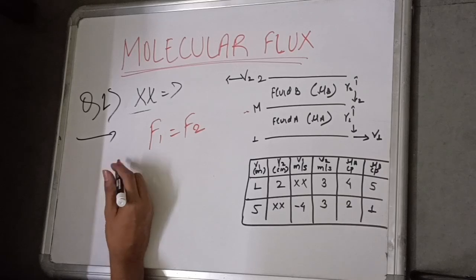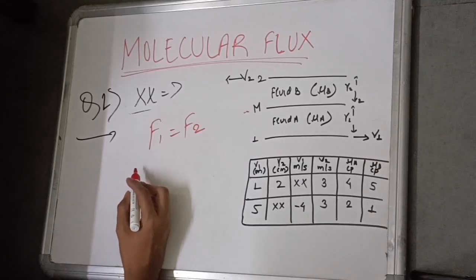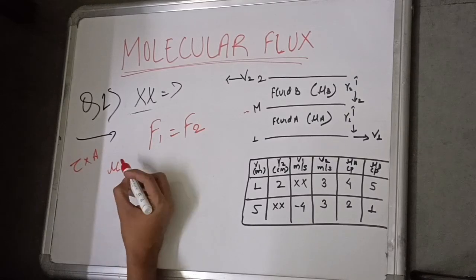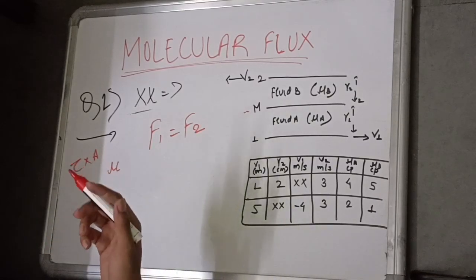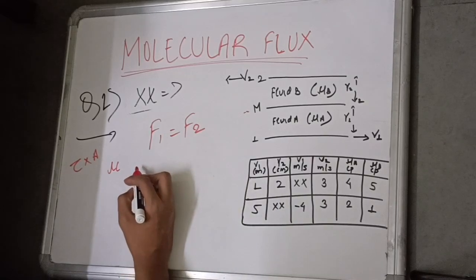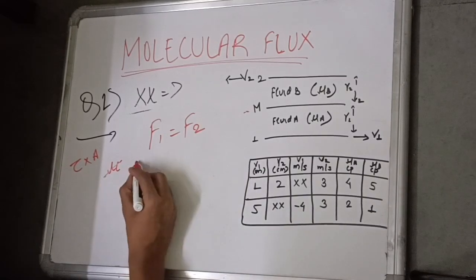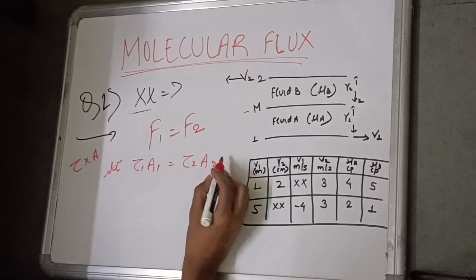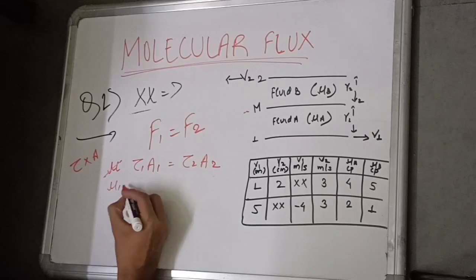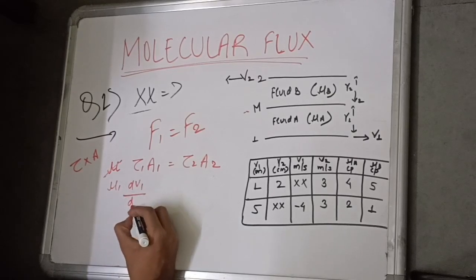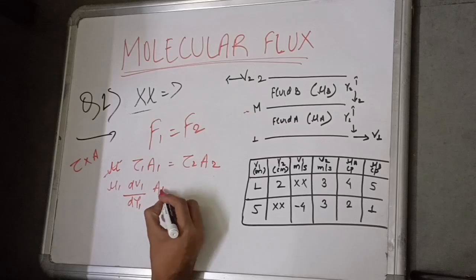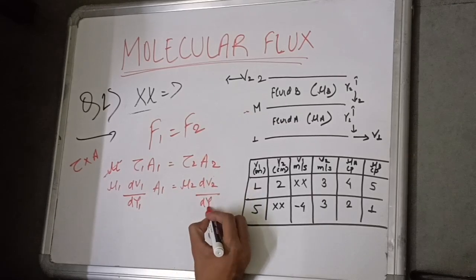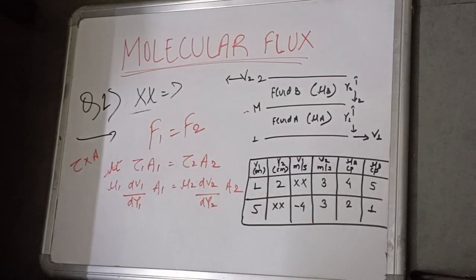You know that tau equals mu dV by dy. Putting the value of tau into area, tau1 A1 equals tau2 A2. We get mu1 dV1 by dy1 into A1 equals mu2 dV2 by dy2 into A2.